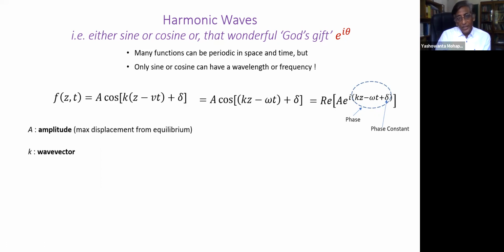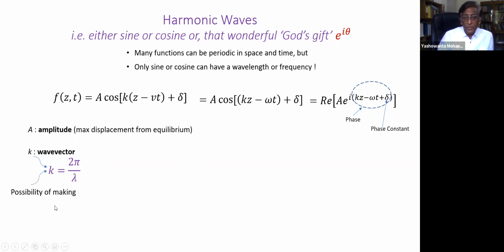Multiplied by 2 pi, we'll call it a wave vector because k can be both plus and minus. I'm beginning to call it a vector, though I have not put a vector sign here. So let's define k as 2 pi by lambda. Lambda is a positive quantity, but k can be plus or minus.